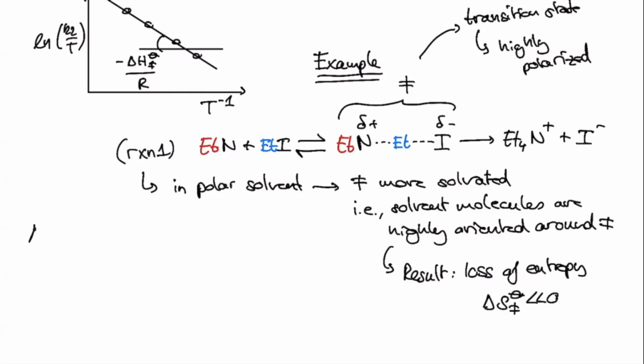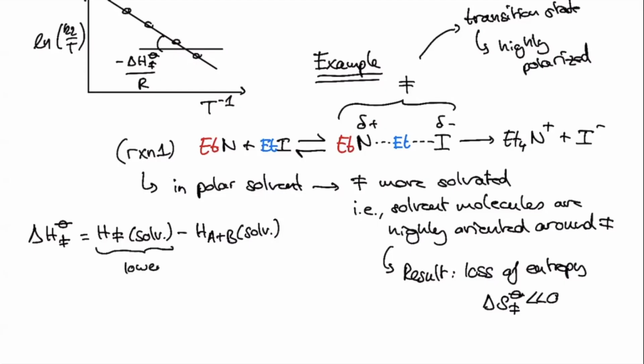Also, if you look at delta H of the transition state, it is the enthalpy of the solvated transition state minus the enthalpy of the reactants solvated. Okay, so here, if we are in a polar solvent, this will be lower.